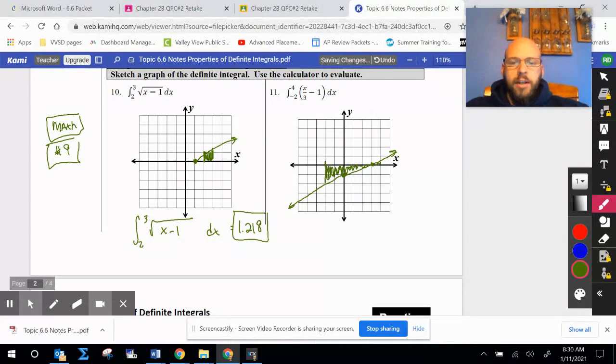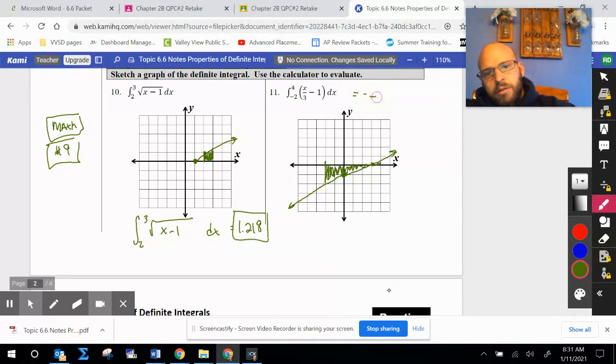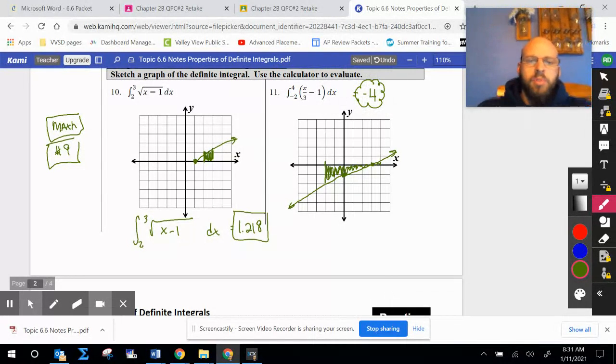I have more negative in my calculator, so I'm going to use that math number 9 from -2 to 4 of x/3 minus 1 dx, and that gives me a value of -4.